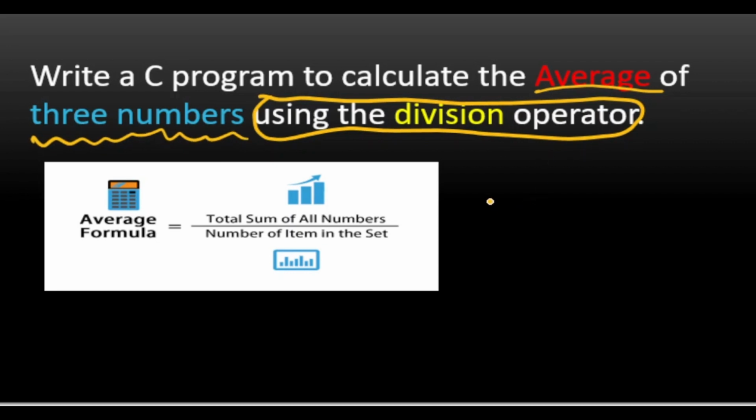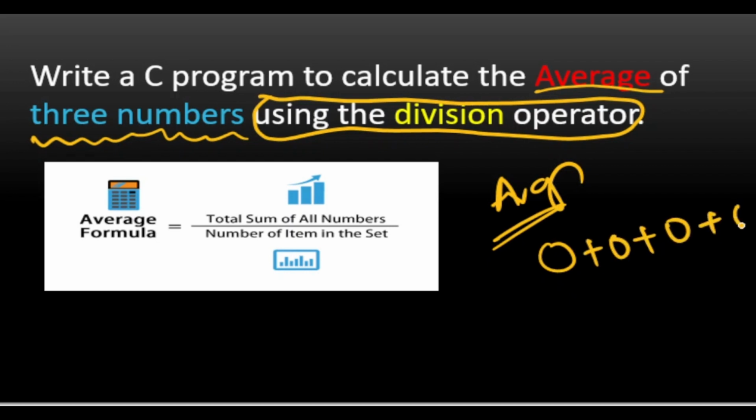Okay, first of all, what is meant by average? Sum of observations divided by number of observations. That's it. This is the formula for average. Total sum of all numbers means sum of observations, divided by the number of items in the set.